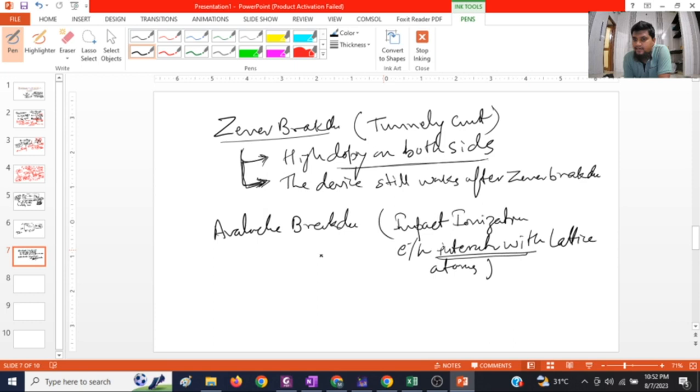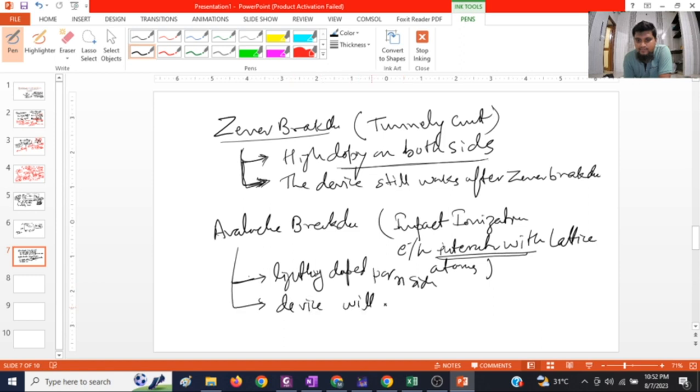The condition is lightly doped junctions. The device will not work after avalanche breakdown. Why? Because the material has actually changed now.